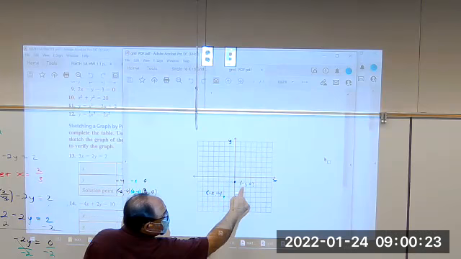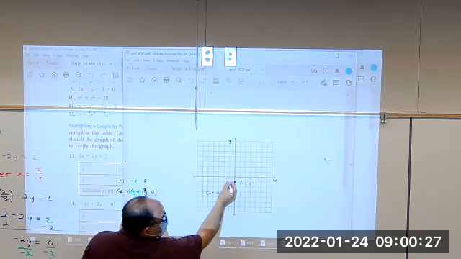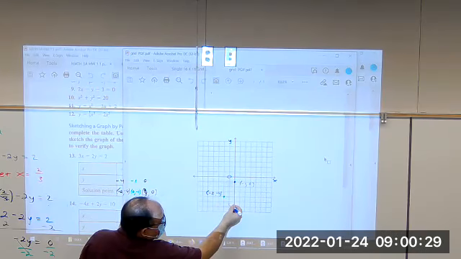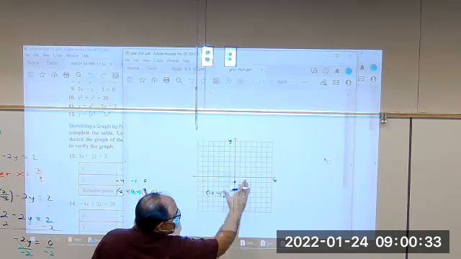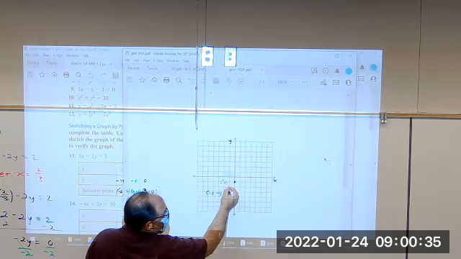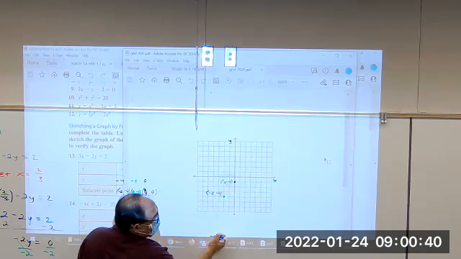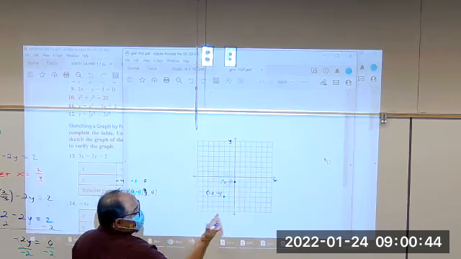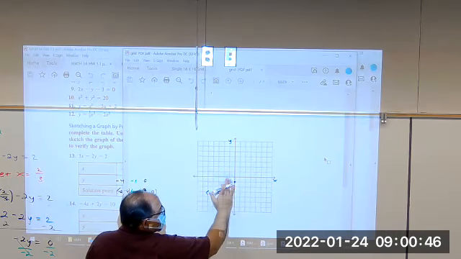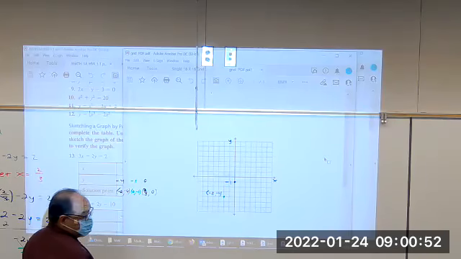The ordered pair is x then y. This is not -1, 0. -1, 0 is over here. If you label it with an ordered pair, it's 0 for x, -1 for y. So you've got to be really careful if you're on an axis, people get confused. So if you're on an axis, you can just use a number line, that's -1.